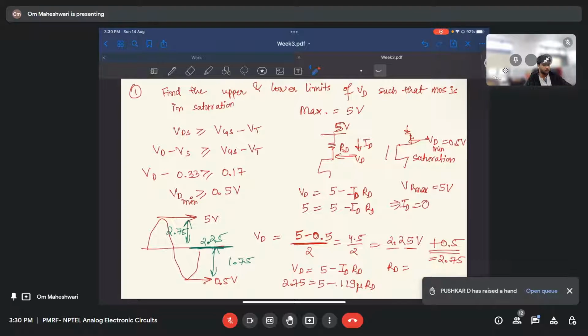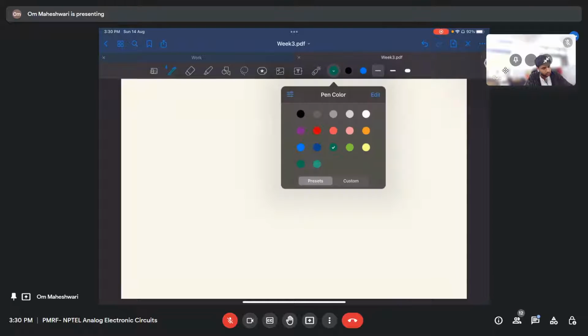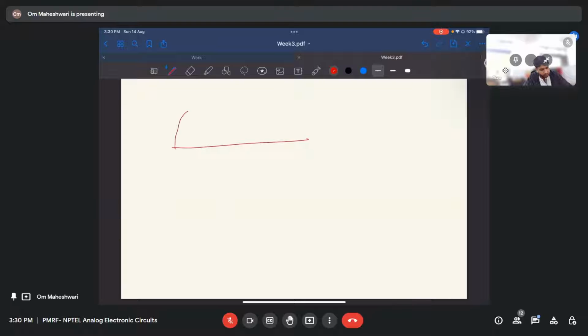Can you repeat it, sir? Okay, let me open a clear page. What we have is, we know this is 5, this is 0.5. What is the middle value for a sine wave? So what we know is this amplitude, and this amplitude we can tell, right? So let's say this amplitude will be 2.25 here and 2.25 downwards, right?